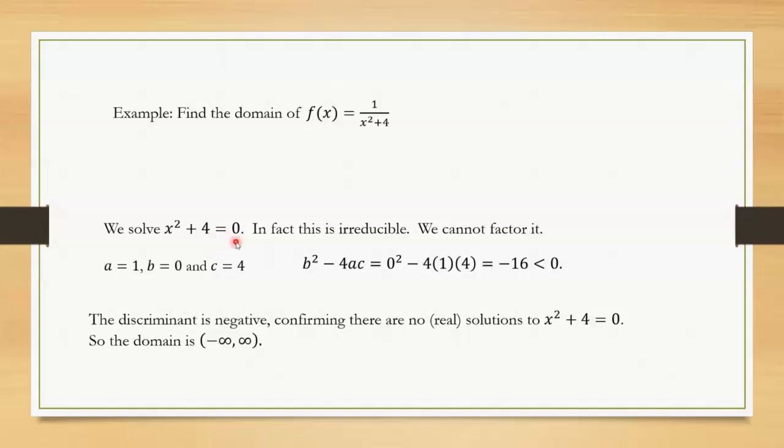I think we might have seen that earlier. So the domain, again, is all real numbers. Are there any questions about this? I hope that wasn't confusing. I'm really, in the long run, just using the quadratic formula. I'm just trying to save some work.